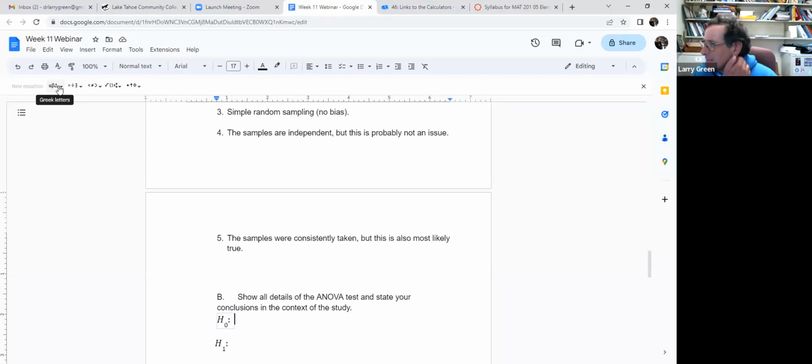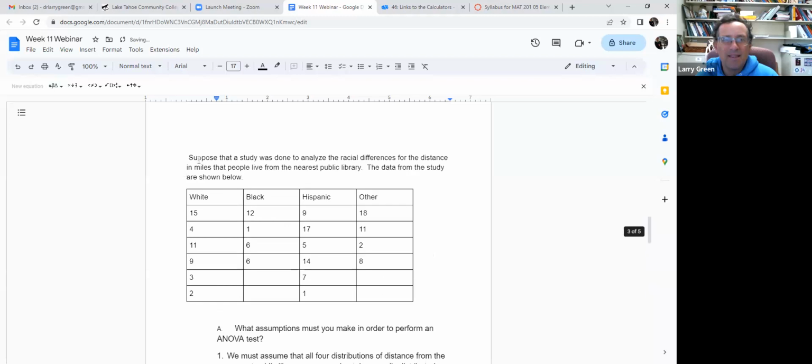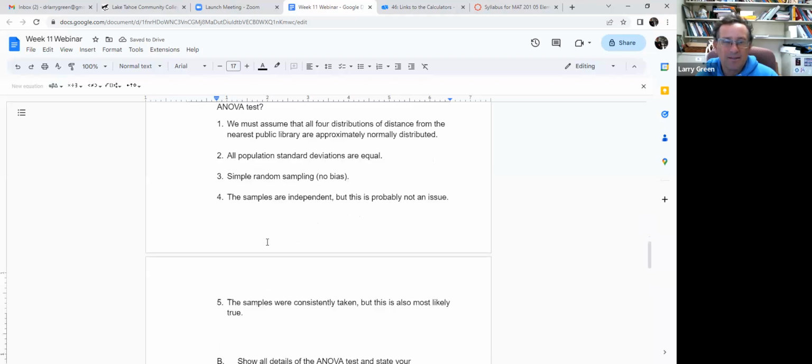W? Okay, W might be part of it. That's the second letter, actually, because the first letter I'm going to be using, as soon as I say it, you'll say, of course, is mu. Yeah, mu W. There we go. So the first letter is mu, and then sub W. And then equals, and then we're going to have mu. And then the second is for blacks. So how about B?